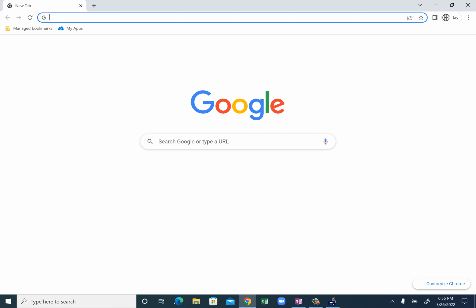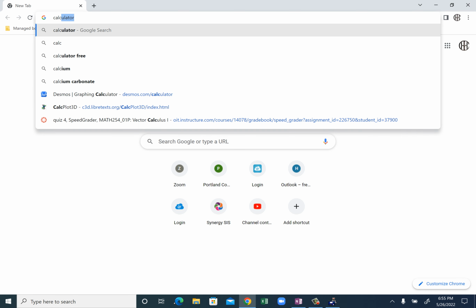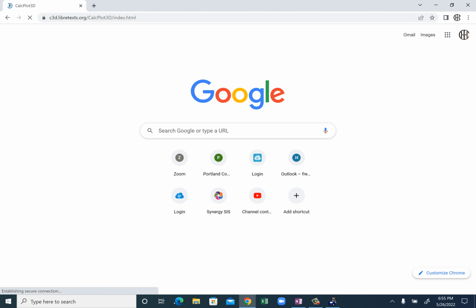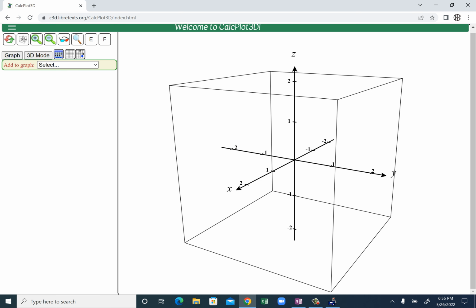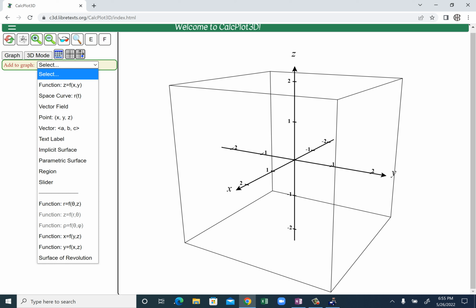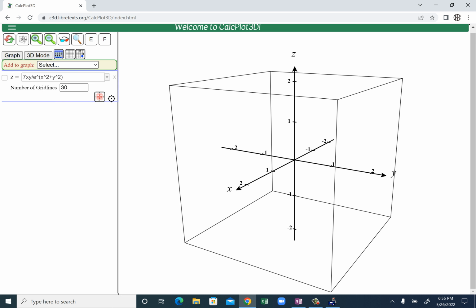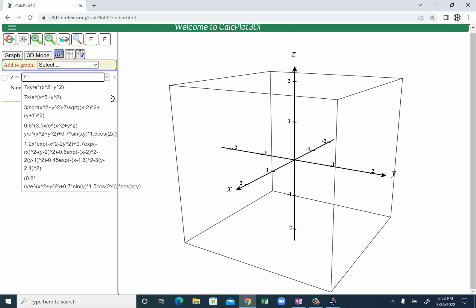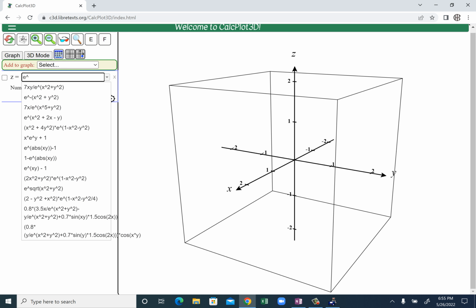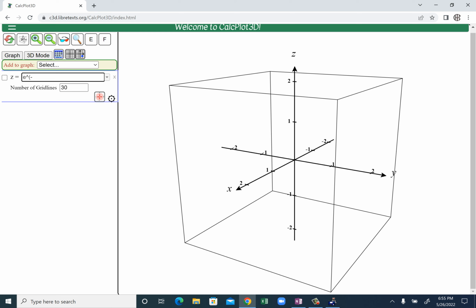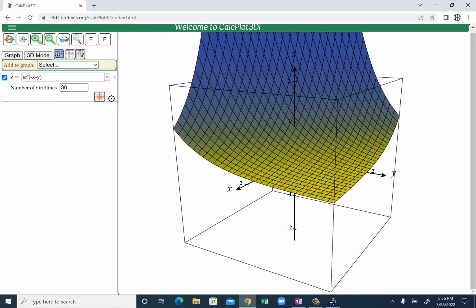So calc plot 3D. There we go. Cool. And a little z equals action here. And so my z equals, of course, e to the parentheses negative x minus y, doing its thing.